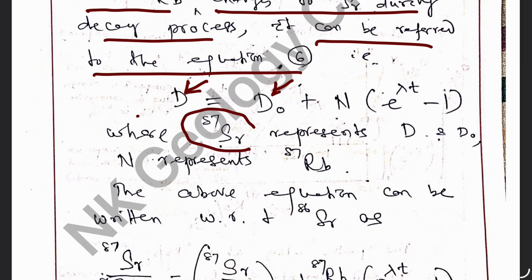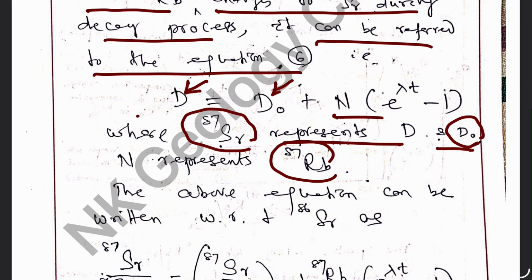So D is represented by strontium-87, which represents D0 plus D star. D0 is the original strontium-87 present in the mineral, and some amount of N has been converted from rubidium-87. So the total D is D0 plus D star.